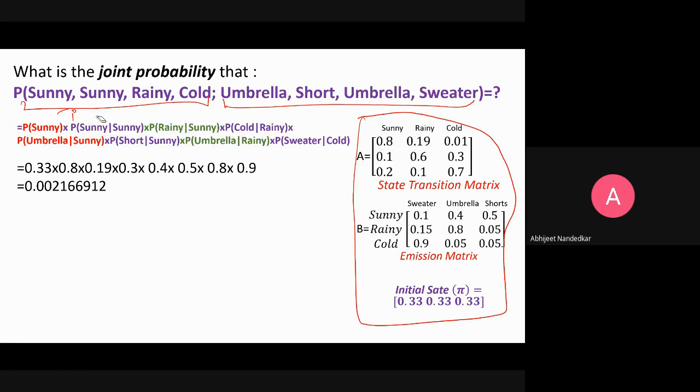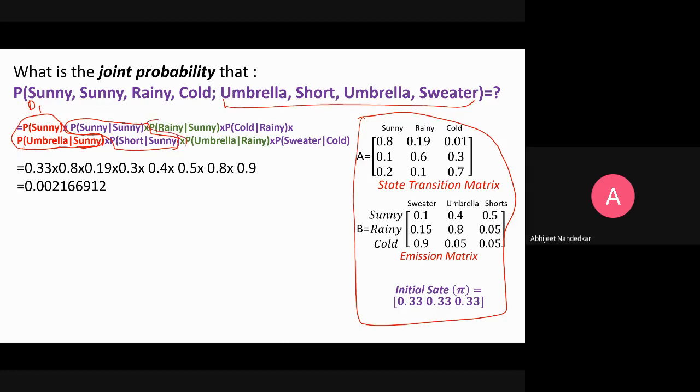So what are you observing? For a sunny day, what is the chance of having an umbrella? So this is a pair for day 1. Then day 2 is sunny to sunny, and what is the chance that you will see a person with shorts? Then day 3 is sunny to rainy.